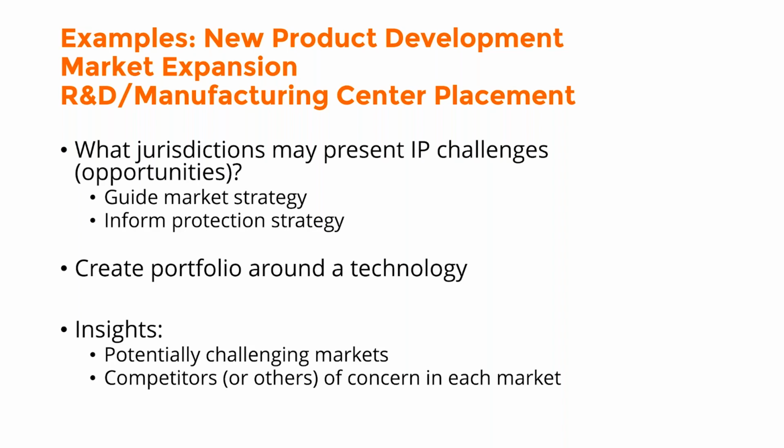So to begin this type of analysis, I want to create a portfolio around the technology landscape. So I'm going to be doing a search around the technology of that product, of what my manufacturing center that's going to be dropped somewhere is going to be manufacturing. So I can focus my search around that and build a portfolio, and then start to glean some insights into where challenges might exist.